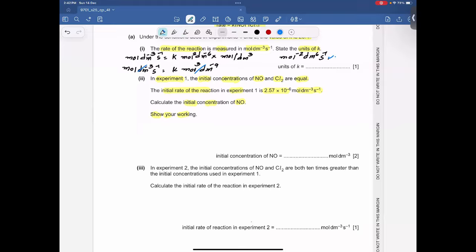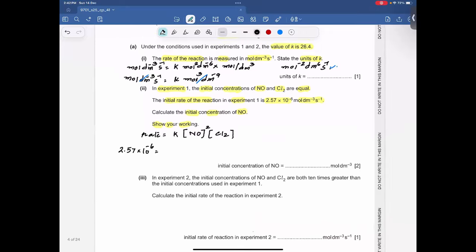Let me write the rate equation again. Rate equals to K, concentration of NO, power square, and concentration of chlorine. The rate of reaction for experiment 1 is already given, which is 2.57 into 10 to the power minus 6.